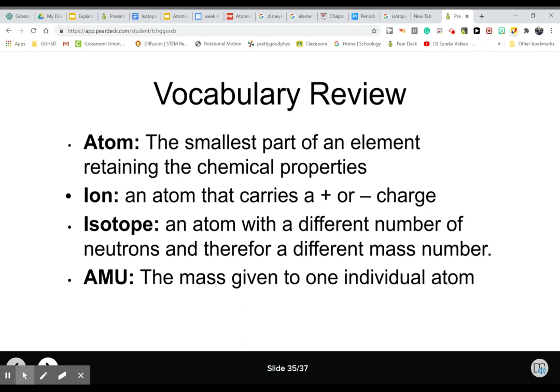I've either lost electrons to give me an overall positive charge, or I've gained electrons to give me an overall negative charge. Isotopes are atoms with a different number of neutrons and therefore a different mass number. And then AMU is the atomic mass unit. It's the mass given to one individual atom based on the number of protons plus the number of neutrons.